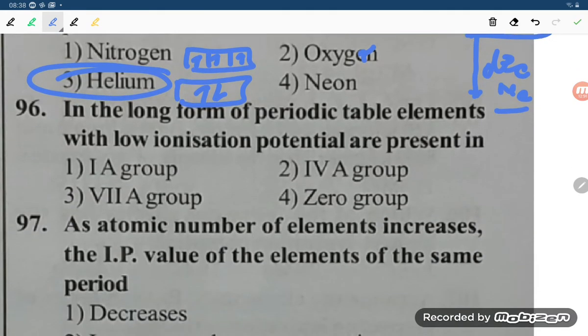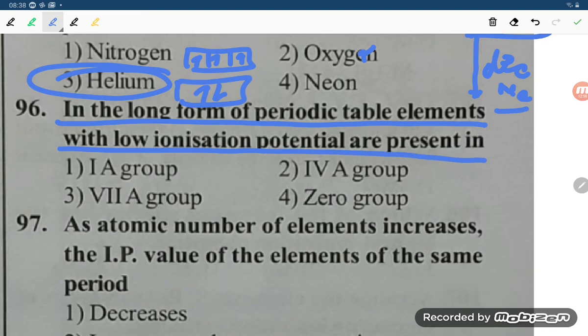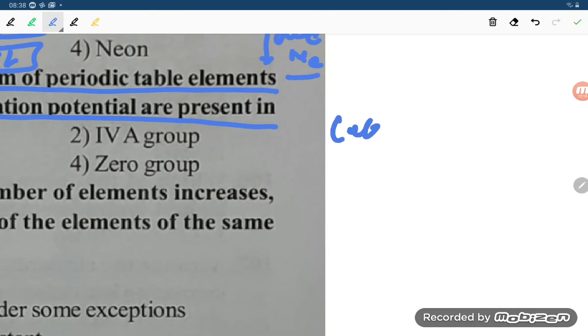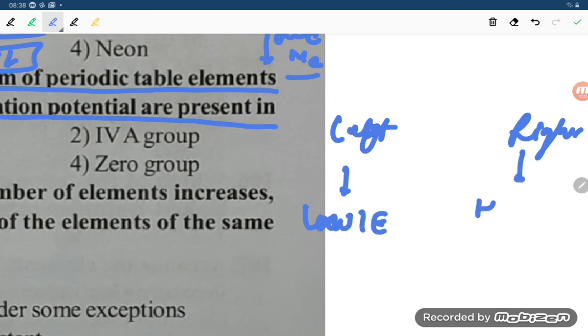Next question: in the long form periodic table, elements with low ionization potential are present in the, okay. In the long form periodic table, lowest means the left side, and this is the right. On the left side, low IE, and here is high IE.